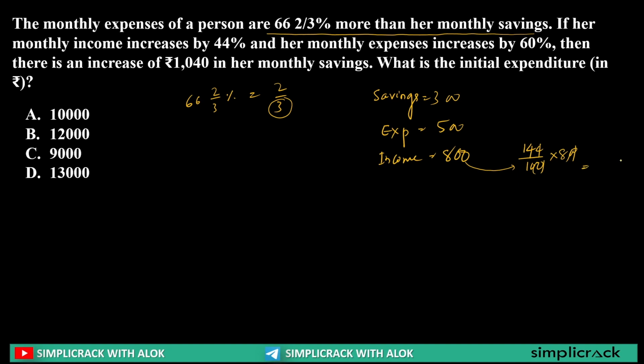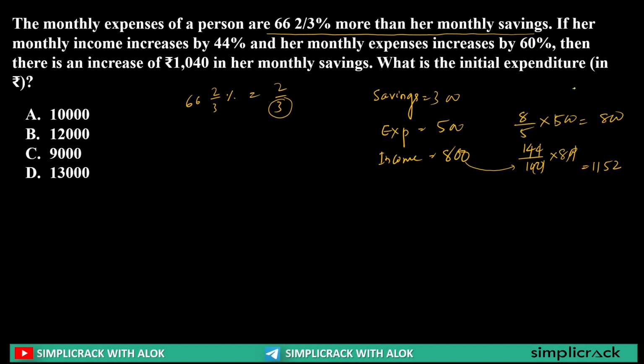It will be 8 4 is 32, 8 4 is 32 plus 5 is 35, 8 1 8, 1152. So the new income is 1152. Fine. Now her monthly expense is increased by 60%. That means what? It is now 8 by 5 into 500, which is equal to 800.